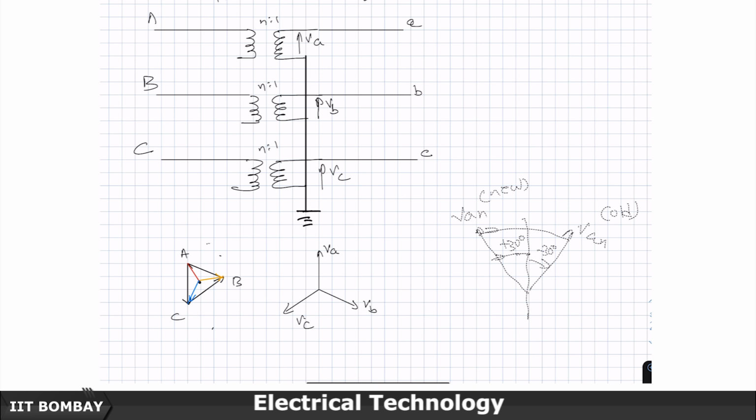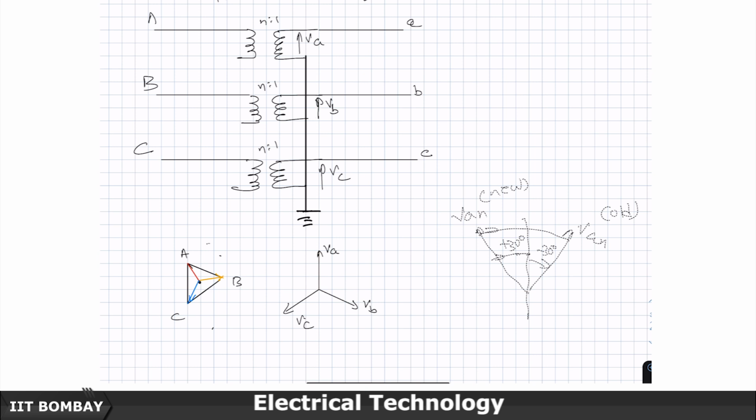Is it not? This voltage and this voltage, so I will for the time being get rid of these arrows also. So this VA is this VA minus VC.